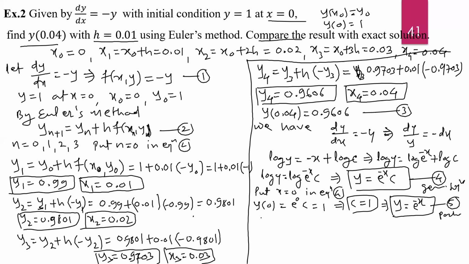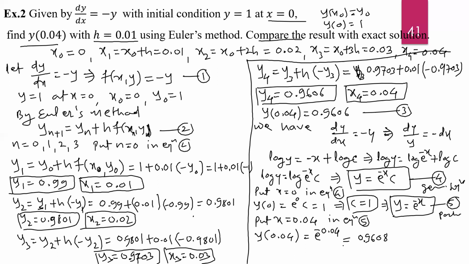Now put x equal to 0.04 in equation 5. That is, y at 0.04 means e raised to minus 0.04. We get 0.9608.